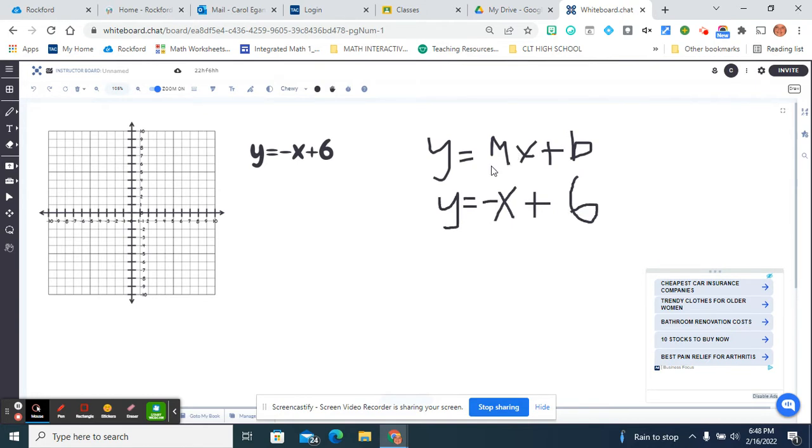So m, which stands for the slope, this is how you move on the graph, is going to be the number multiplied by x. And b is what we call the y-intercept, or the starting point.